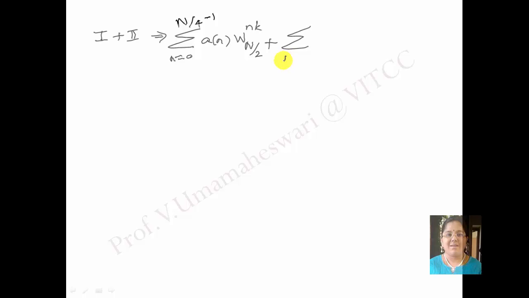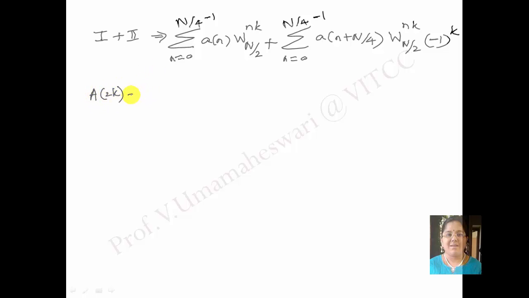First term will remain as such. The second term would be n equals 0 to n by 4 minus 1, a of n plus n by 4. I have replaced m with n. And as usual, w n k to the base n by 2, minus 1 the whole power k. Refer to the previous derivation.